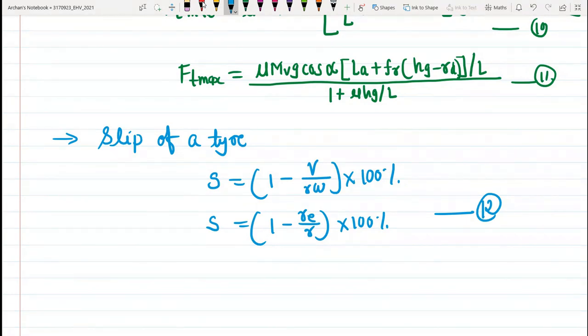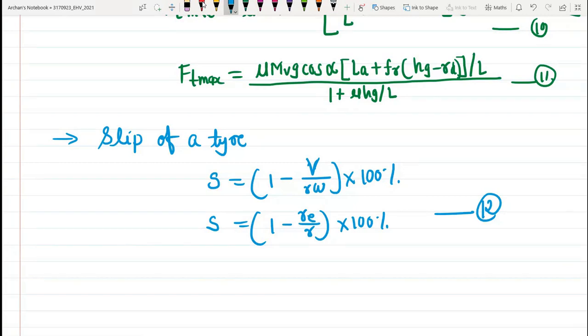Here capital V is the translatory speed of the tire center. Omega is the angular speed of the tire. Small r is the rolling radius of the free rolling tire, and r_e is the effective rolling radius of the tire, which is also defined as the ratio of translatory speed of the tire center to the angular speed of the tire.